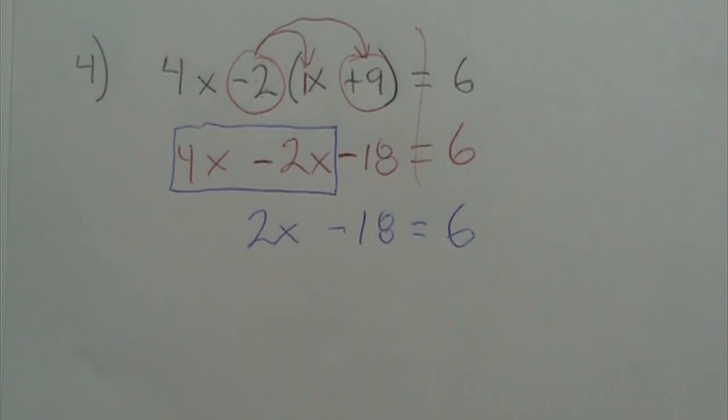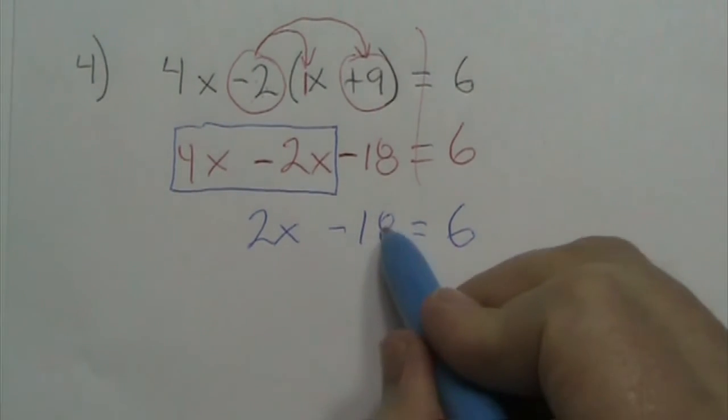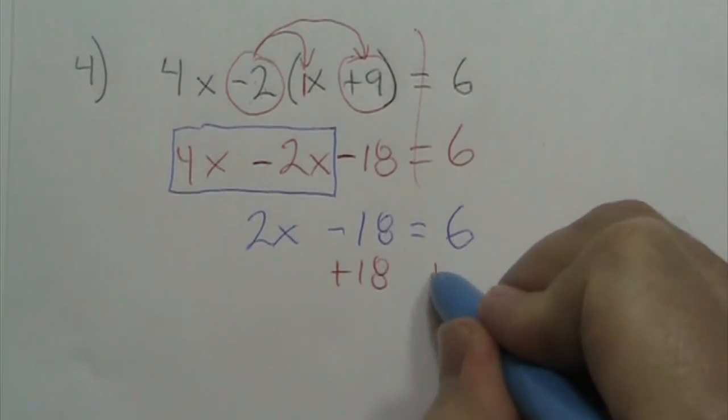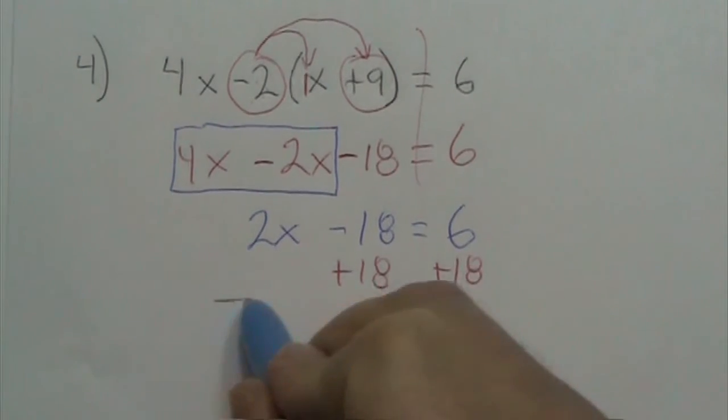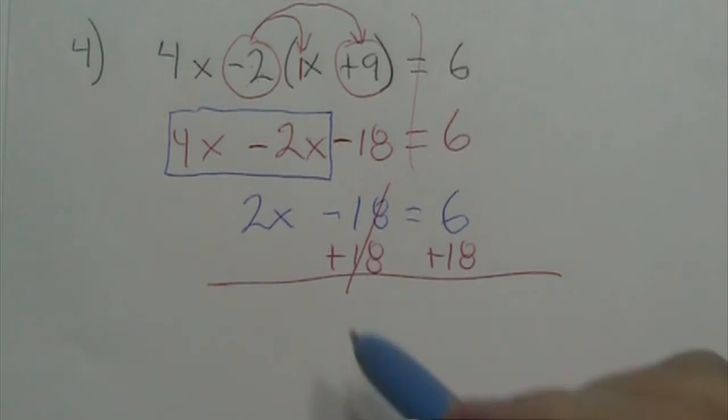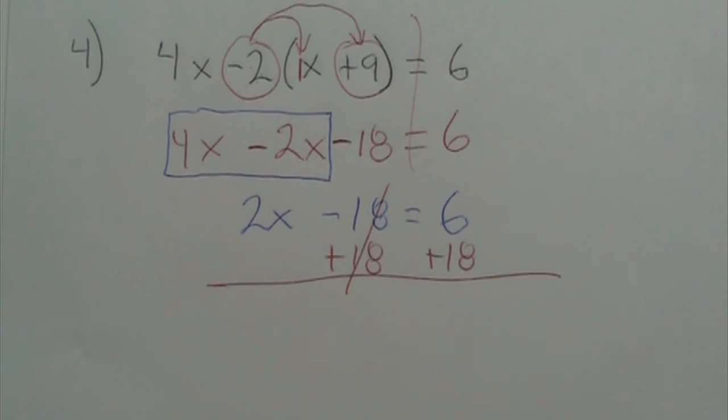Next step, we want to get rid of the constant. The constant is -18. Make that a 0. That's 0. Bring the rest down.